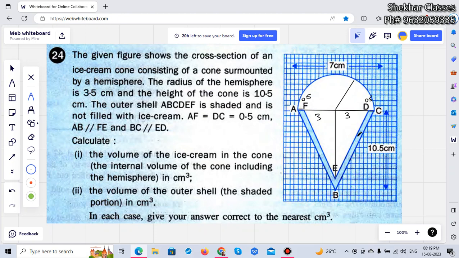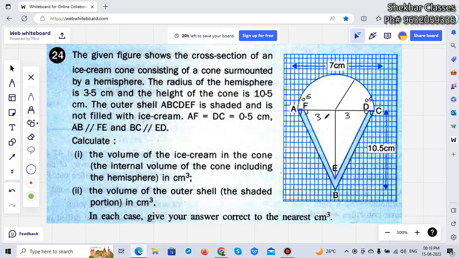To find the height, we can see two triangles. Which two triangles here? Triangle FED and triangle ABC. Are they similar? The answer is yes, they are similar triangles because both these lines are parallel. You can see these two angles would be equal, and even these two angles would be equal. By AA the two triangles are similar.